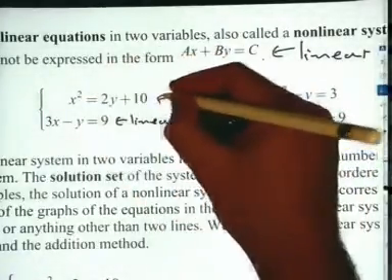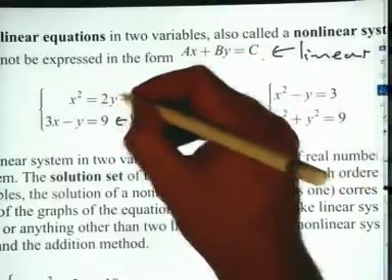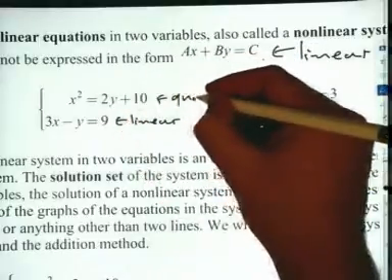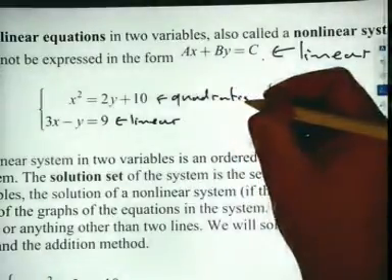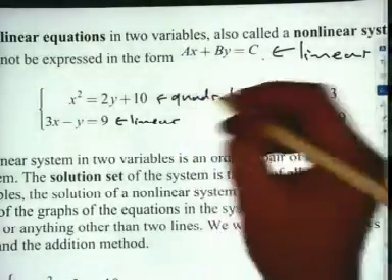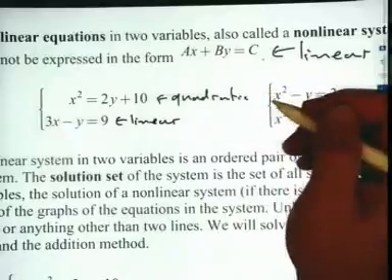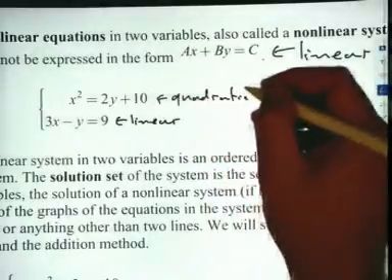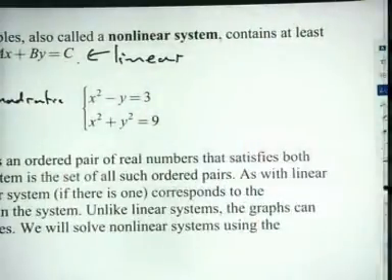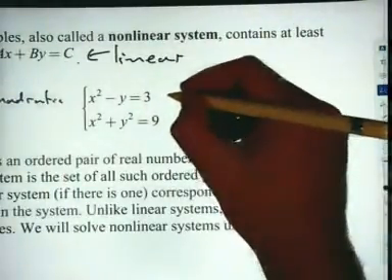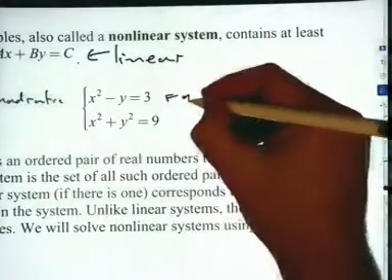Well, anytime you start introducing an x squared, and as long as your coefficient of y is 1, this becomes quadratic. So we're dealing with a quadratic equation and a linear equation, and we want to look for the solution to this system.